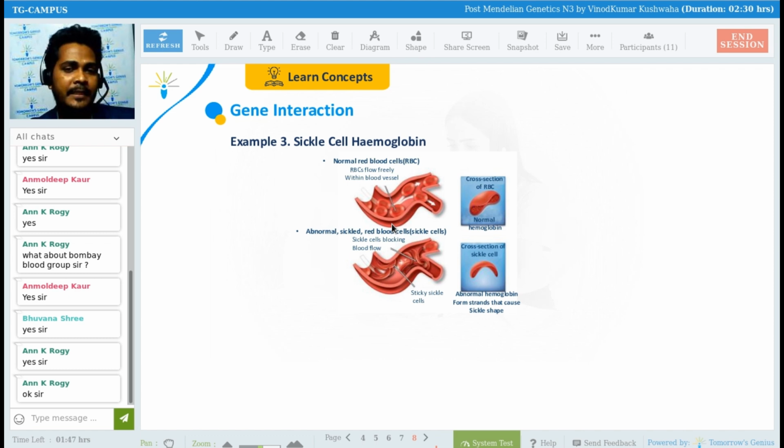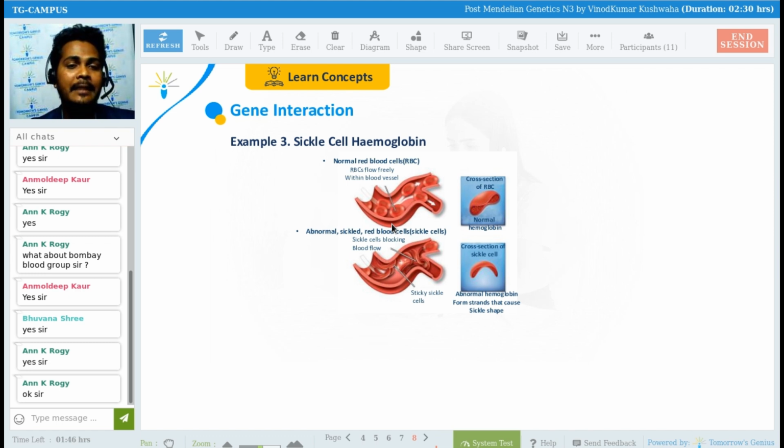In India especially, we can say it is found in some part of Kerala, not completely, because most of the Keralite people generally love to stay outside the country. So in Kerala you will get this type of sickle cell anemia disease.